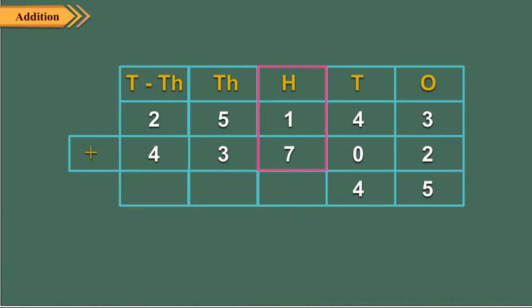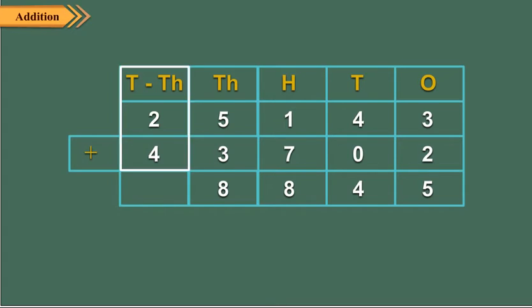Add the hundreds now. 1 hundred plus 7 hundreds is equal to 8 hundreds. Write 8 in the hundreds place. Add the thousands. 5 thousands plus 3 thousands is equal to 8 thousands. Write 8 in the thousands place.